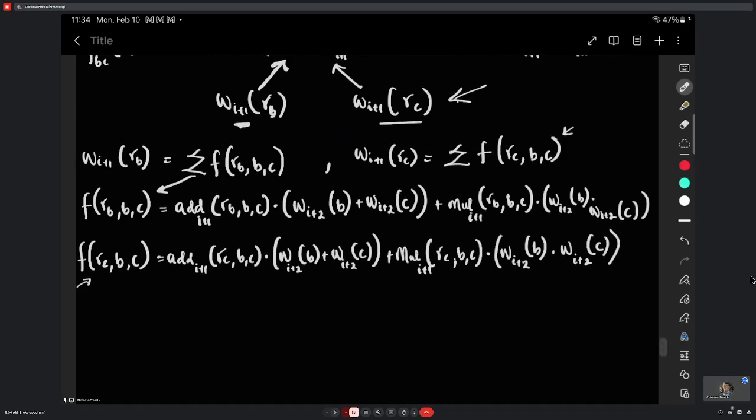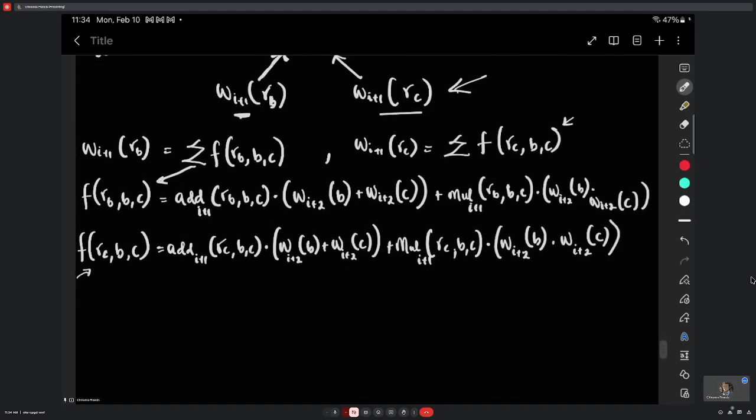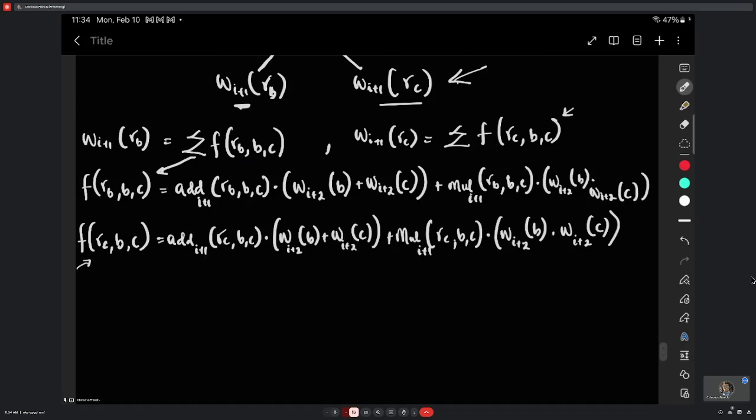So now I want to combine both of them. Let's combine the left hand side first, and then we are going to see how we can also apply that to the right hand side.